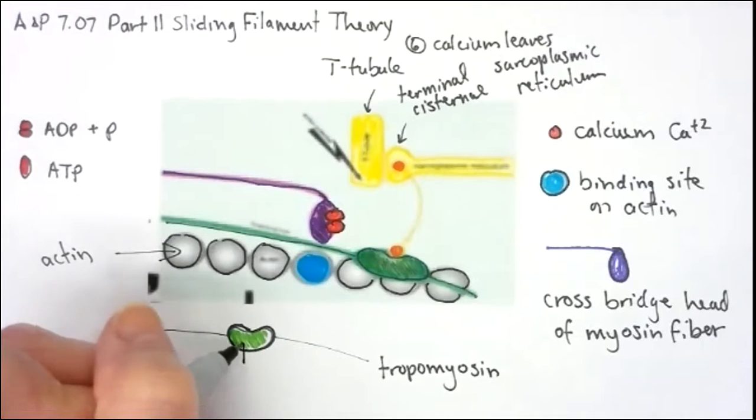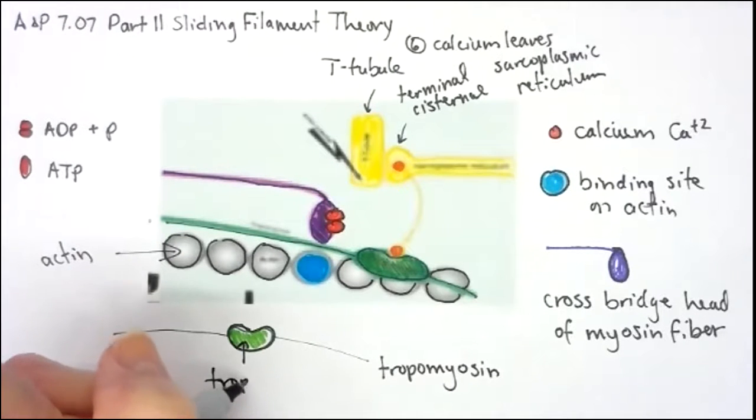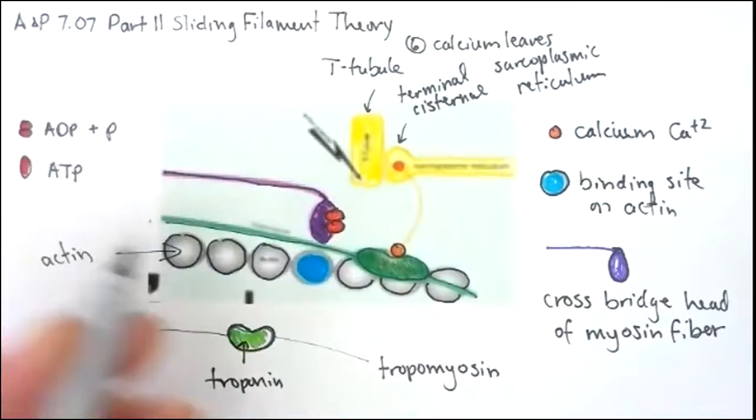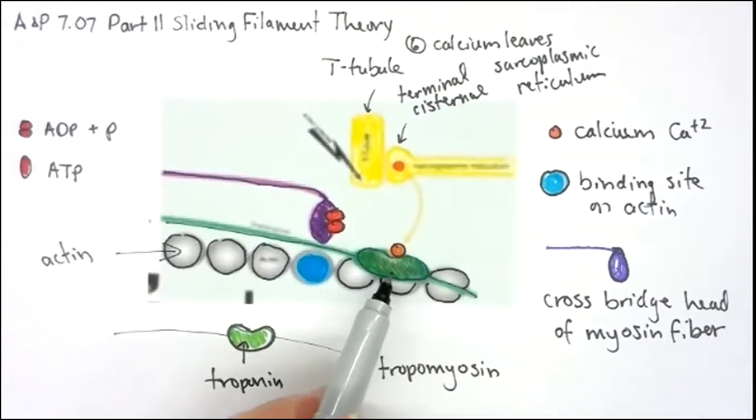This complex is called the troponin complex. So what we see, step number 7, is going to be the calcium ion binding to the troponin. That's what's going to happen next, when we get to our main sheet, that's what we're going to see.